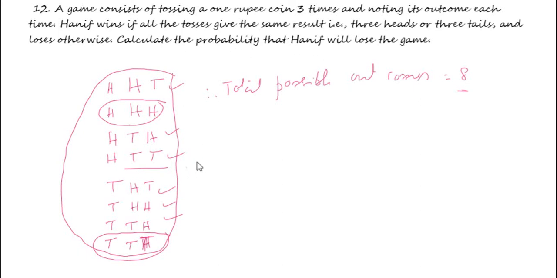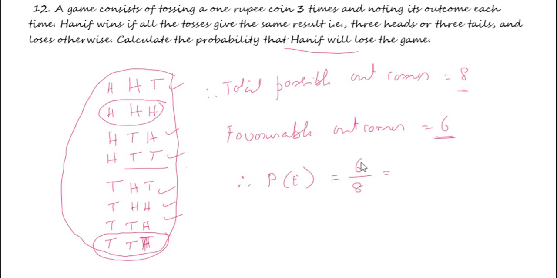The favorable outcomes are 6, due to which Hanif will lose. Therefore the probability of Hanif losing the game is favorable outcomes 6 divided by total outcomes 8, which is 3 by 4. This is the last problem.